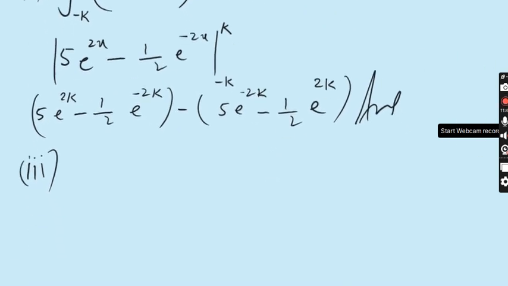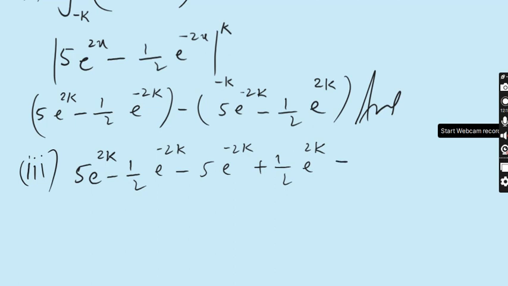We have already found the answer of the integration, that is 5e^(2k) minus 1 upon 2e^(2k) minus 5e^(-2k) plus 1 upon e^(2k), which is equal to the given minus 60. This is part 3.